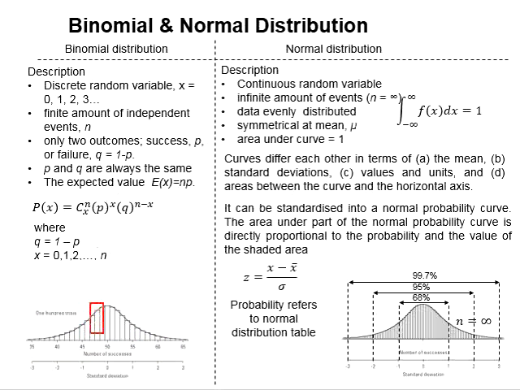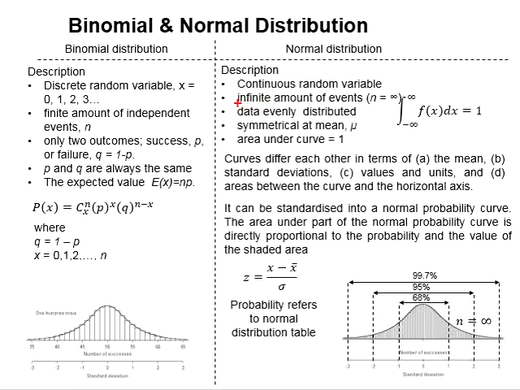Each bar of the histogram is independent of the other bars. They are not continuous. Now we look into the normal distribution. The normal distribution is meant for continuous random variables, and there is an infinite number of events, where n equals infinity. With this, the curve for the normal distribution will be smooth.